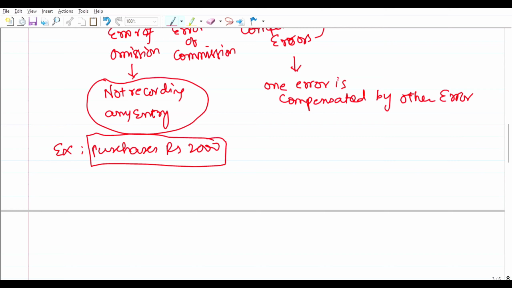right? One error is compensated by other.